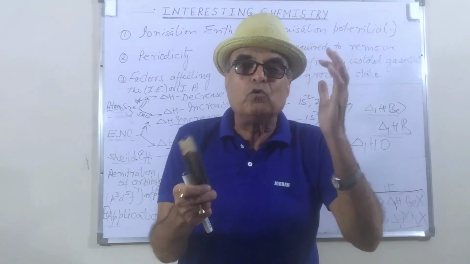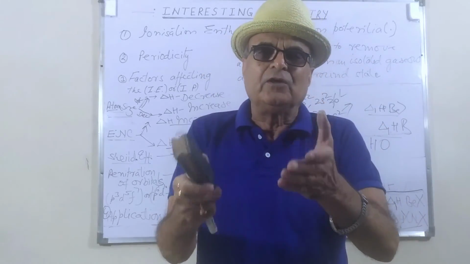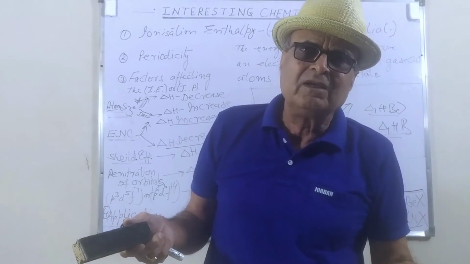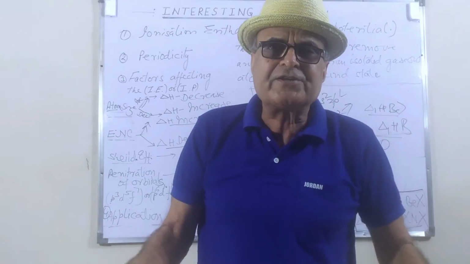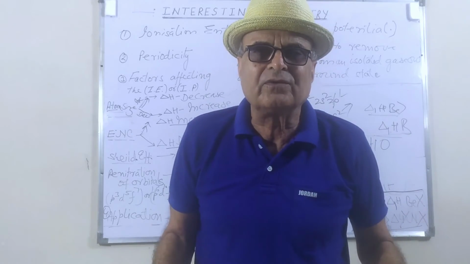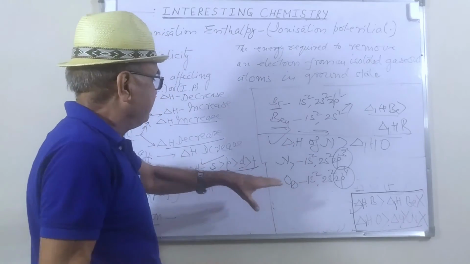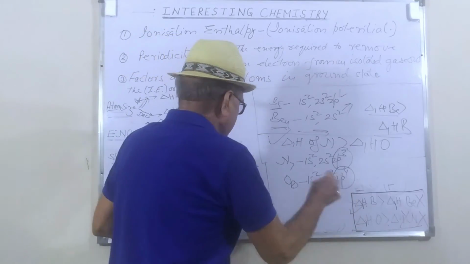The elements that convert easily into positive ions, that lose electrons so easily, are metals.